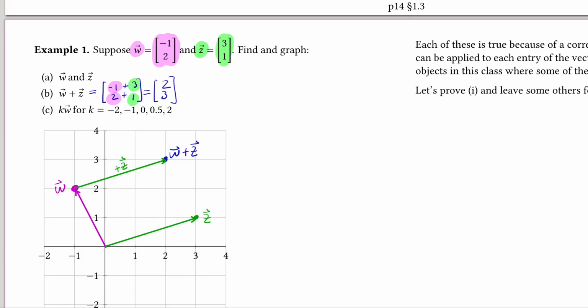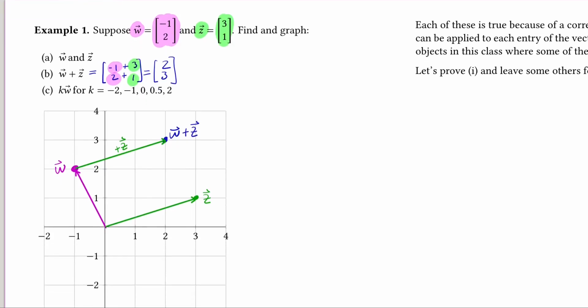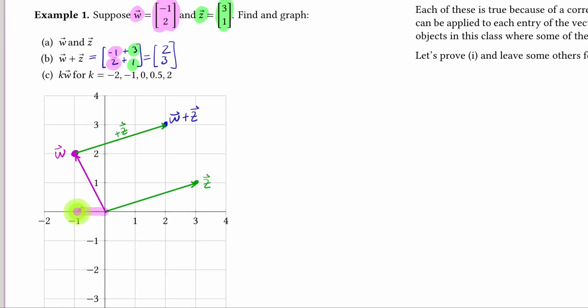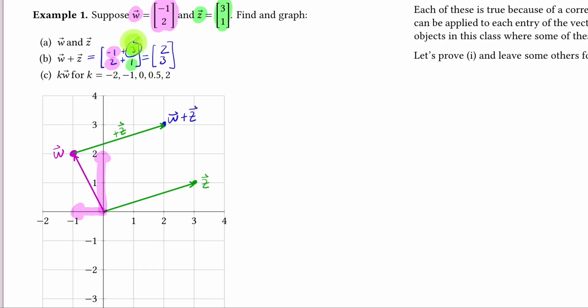So let's think for a minute why this works. Well, if you think of W as having these components, -1 and 2, then when we do this version of it, it's like we're taking that -1 and then adding 3 to that, which is like the x component of the Z vector. And that 3 is in the x direction. So it's like we're going forward a distance of 3 from here.